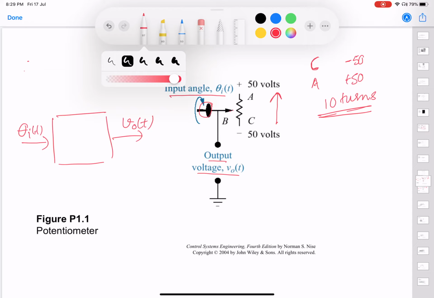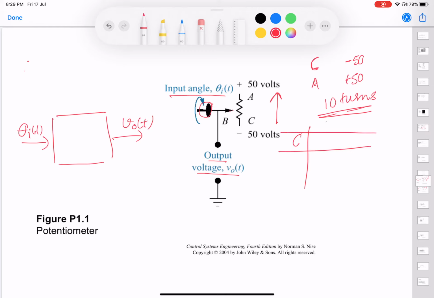So at C, say the angle theta with which you have turned the potentiometer is 0 degrees, and the voltage that you're tapping, v_o(t), is minus 50 volts. And at A, since you have covered this distance in 10 turns, and one turn is 360 degrees, you have actually moved 3600 degrees, 360 into 10. So the total angle that you have moved is 3600, and the voltage that you're tapping is 50 volts, right?